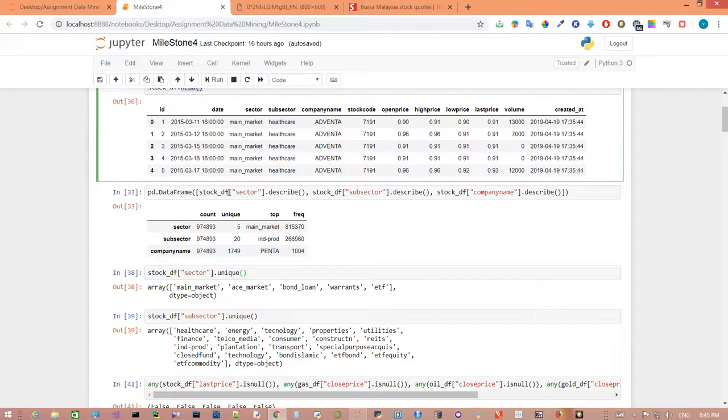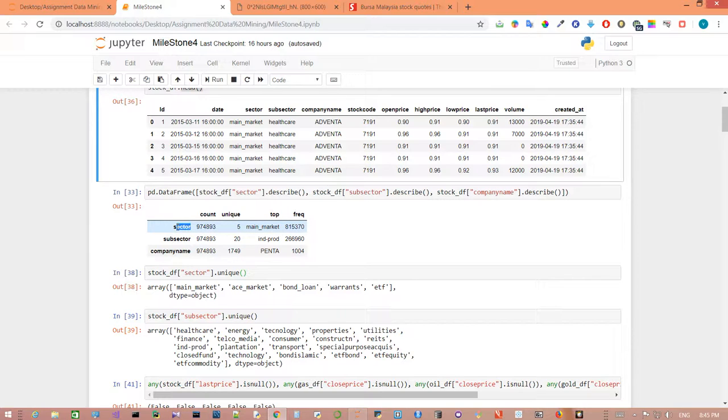Here in our stock data, it has about 1 million records, and I have 3 categorical attributes: sector, subsector, and company name. I'm just trying to get some understanding here.